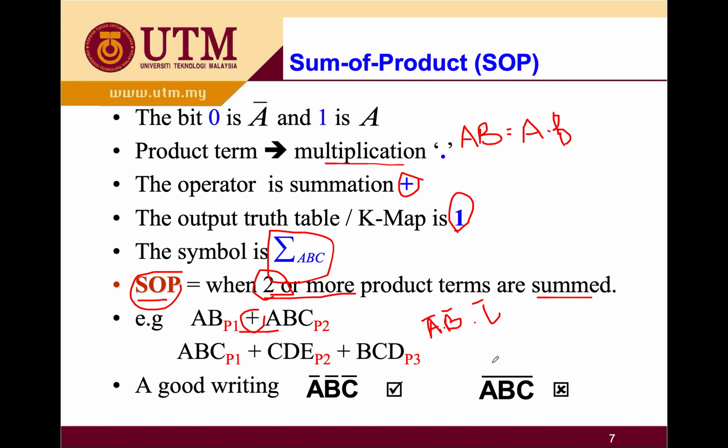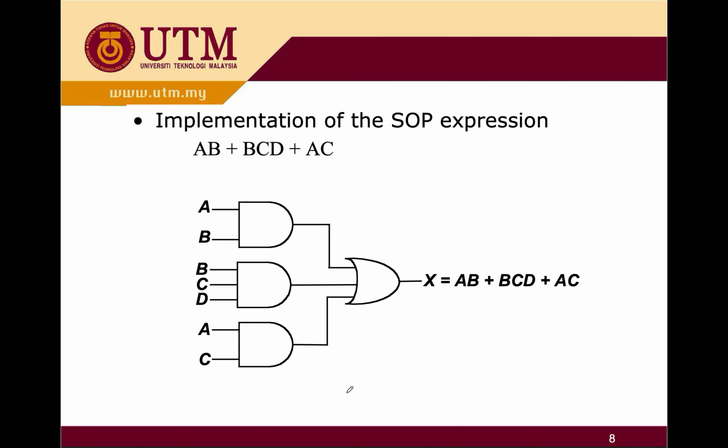But this is not a good way of writing because this one is still not yet simplified. You can still simplify it, although you can see, oh, this one is already simplified, but it is not. The good example of writing is A bar, B bar, C bar.